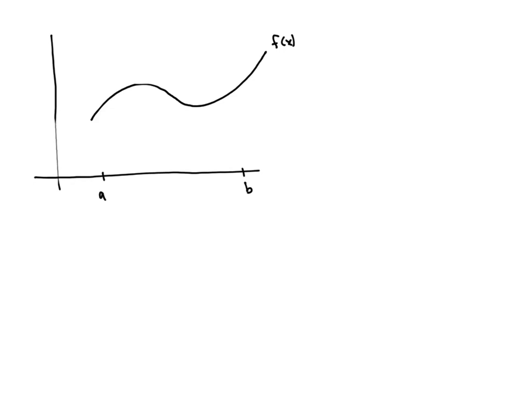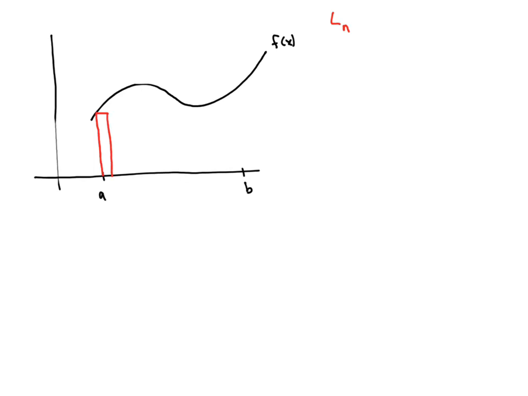So what we want to do is we're going to take left-hand subintervals, and we don't know how many subintervals we're going to take, but since we're generalizing, we're going to take n subintervals here. Okay, so our first subinterval will be here.